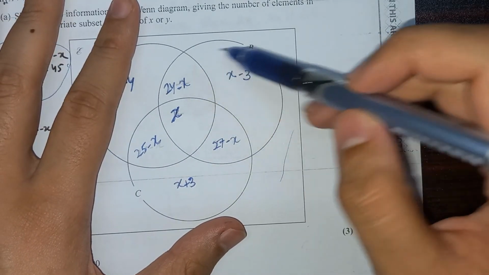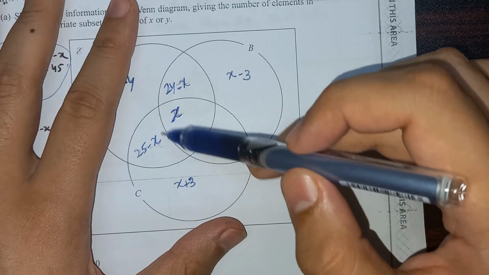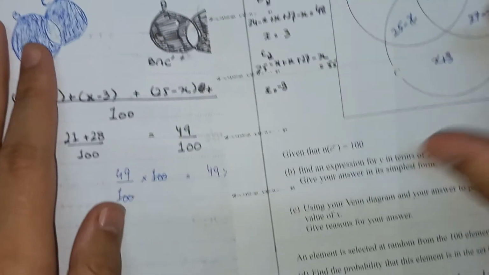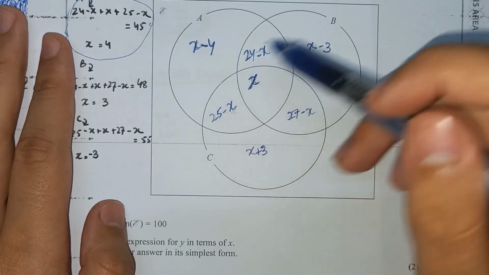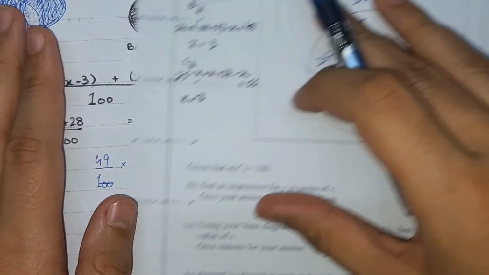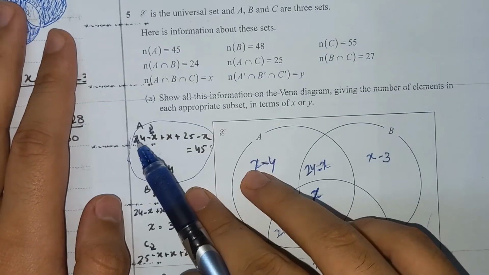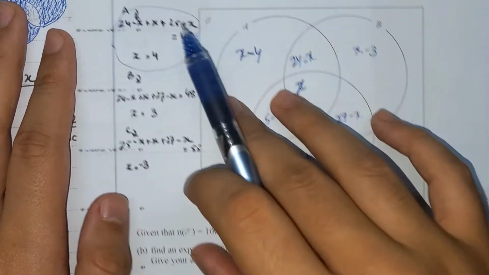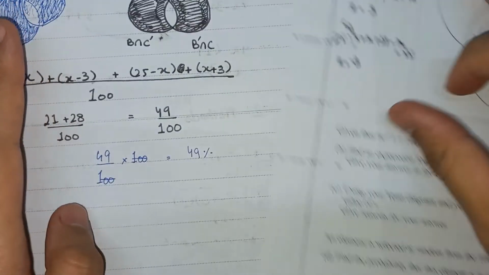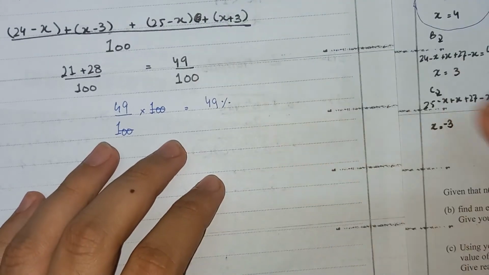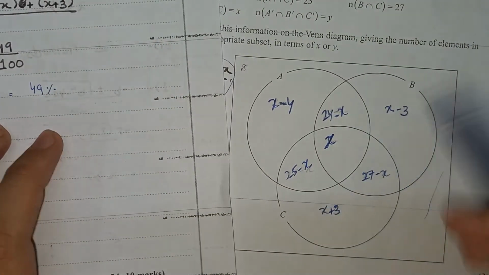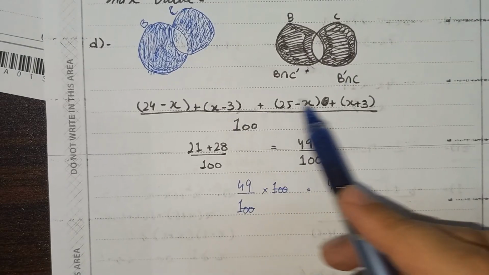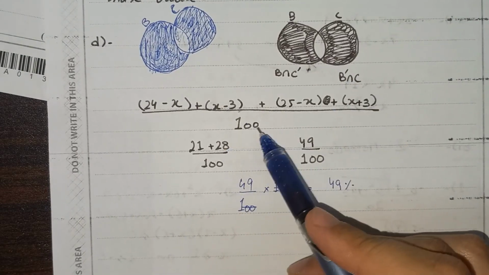These two and these two will be included. You know the probability means these values divided by the total amount. Total amount was 100, as we knew in the universal set. So add these values all together and divide them by the total, which is 100.